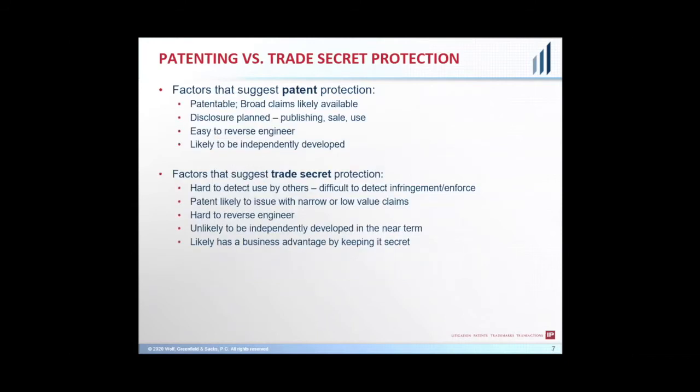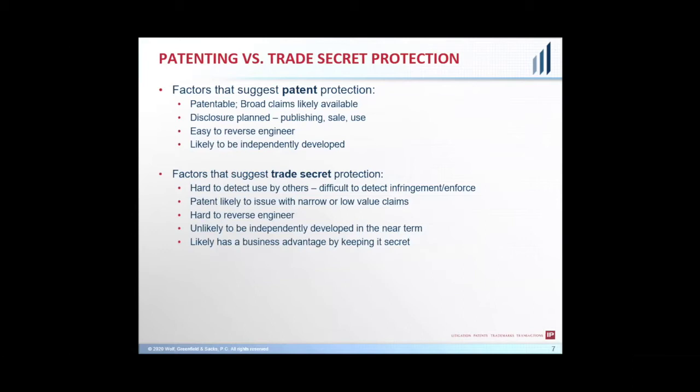And then just lastly, some factors that would suggest patent protection or trade secret protection. For patent protection, if you're likely to get broad claims and it is patentable subject matter. If you have a disclosure plan, right? If you disclose your information, you can no longer obtain trade secret protection for it.